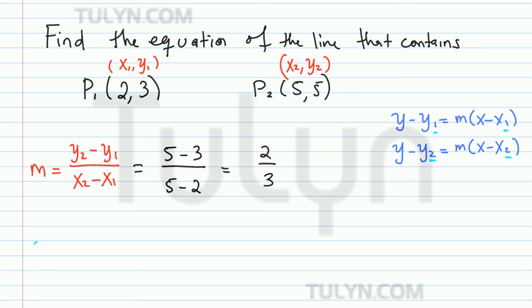So our new equation looks like y minus y1, which is 3, is equal to m, which is 2/3, times x minus x1.